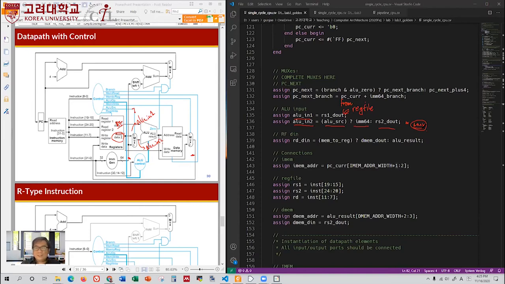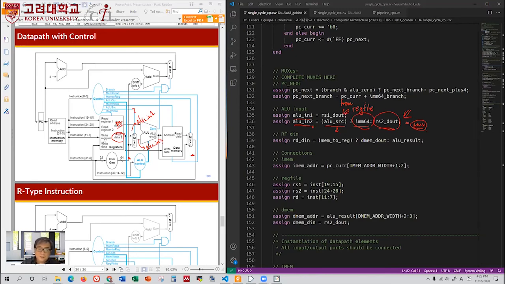So instead of instantiating the mux design, we can simply implement the mux like this. If the selection signal is 1, then this signal is selected. If not, this signal is selected.